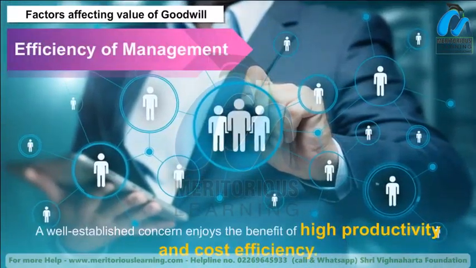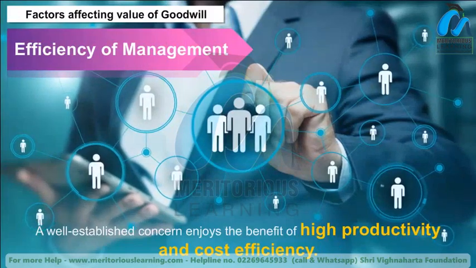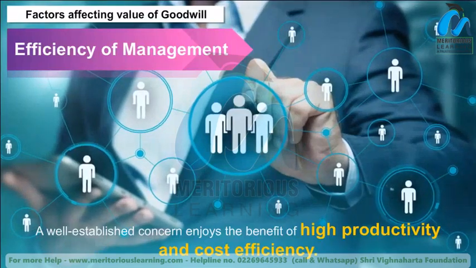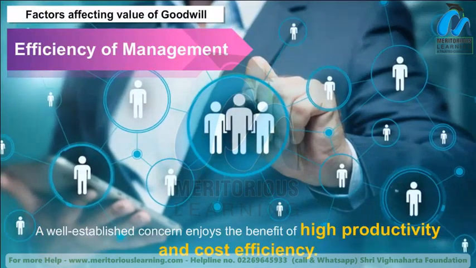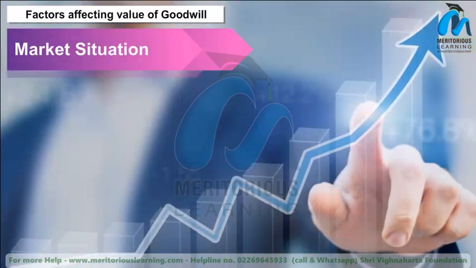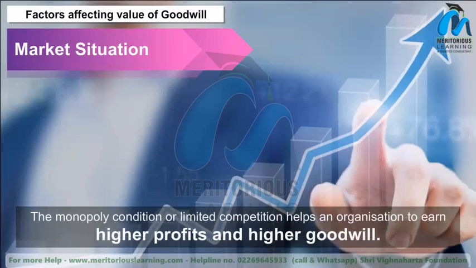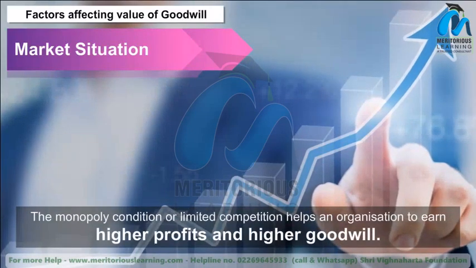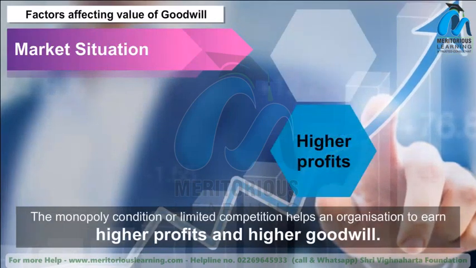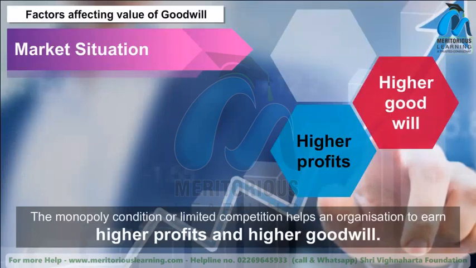Efficiency in management. A well-established concern enjoys the benefit of high productivity and cost efficiency. This leads to higher profits and high goodwill. Market situation. The monopoly condition or limited competition helps an organization to earn higher profits and higher goodwill.